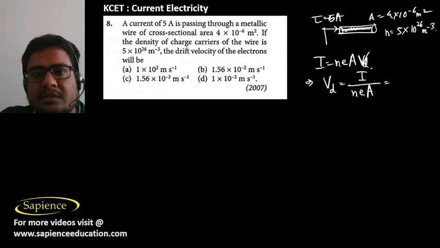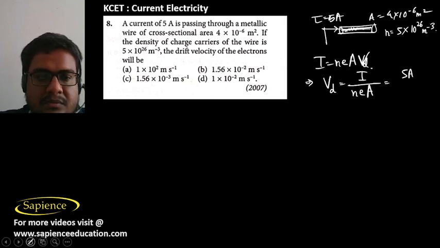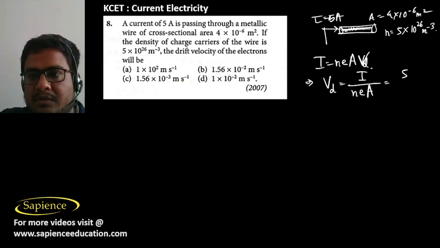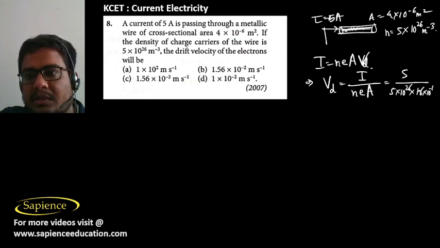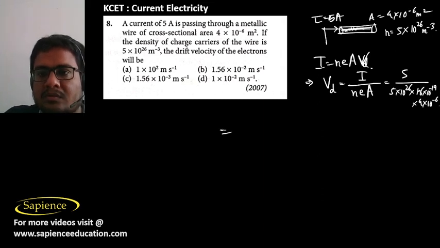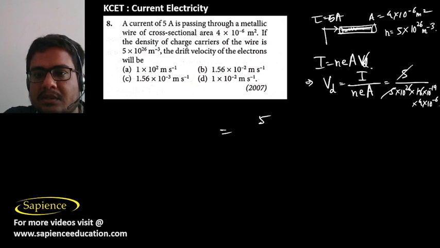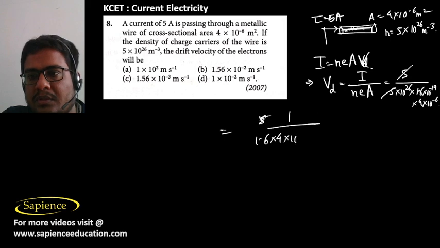Now I is given 5 ampere, so that will be 5 divided by number density of electrons, 5 into 10 power 26, and e is 1.6 into 10 power minus 19, into area of cross section 4 into 10 power minus 6. 5 and 5 will cancel out, so this will be 1 by 1.6 into 4 into 10 power 26, 10 power minus 19, into 10 power minus 6.